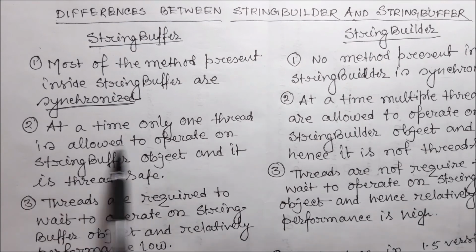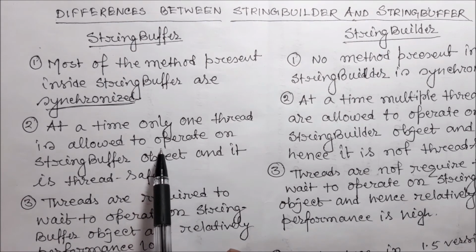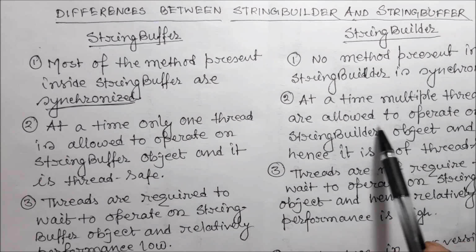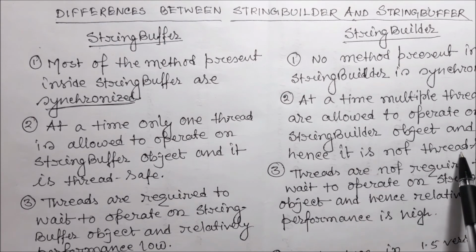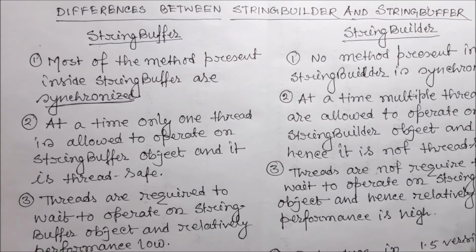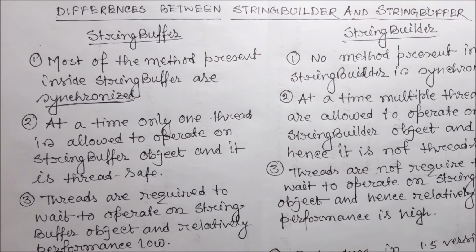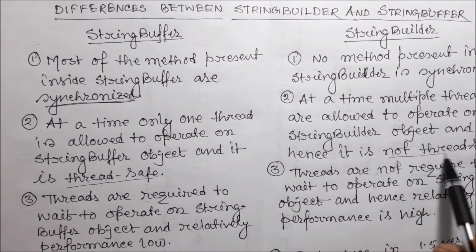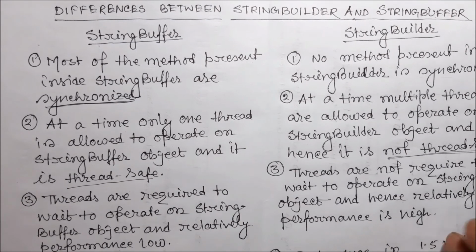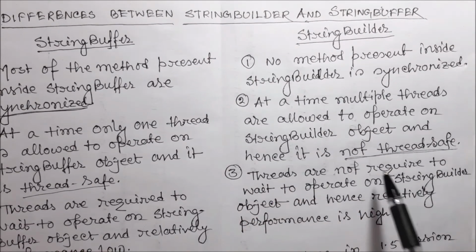So here only one thread is allowed, and here multiple threads are allowed to operate on the StringBuilder object. That means it is not thread safe. So StringBuffer is thread safe, and StringBuilder is not thread safe.